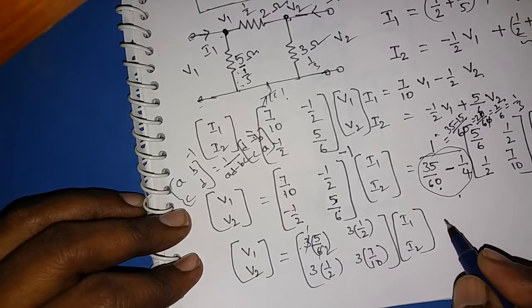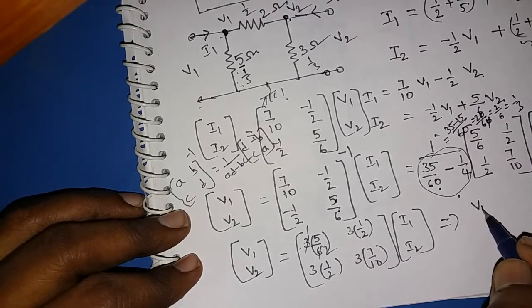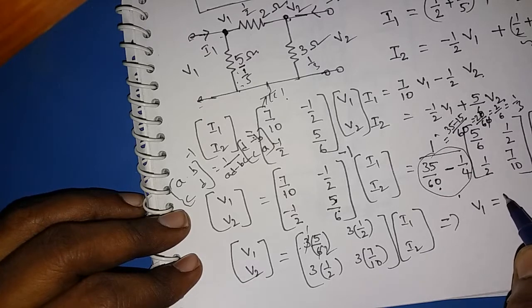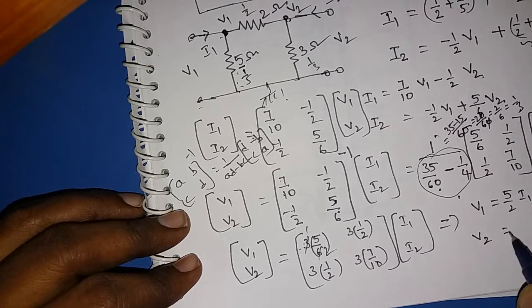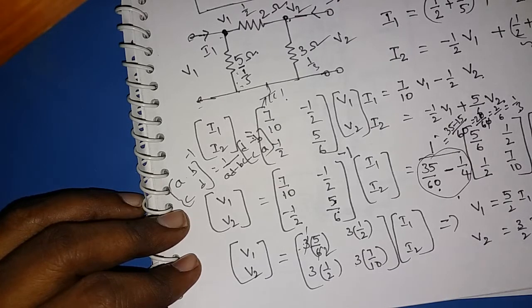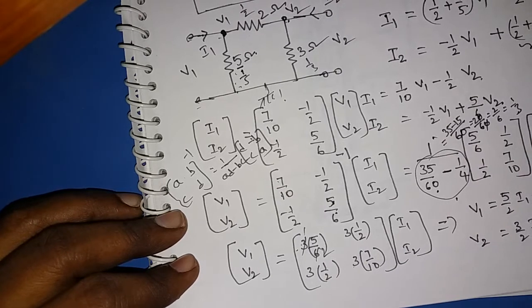So hence how can I write the equation? V1 is equal to 5 by 2 into I1 plus 3 by 2 into I2. Similarly V2 is equal to 3 by 2 into I1 plus 3 7s are 21 by 10 into I2.